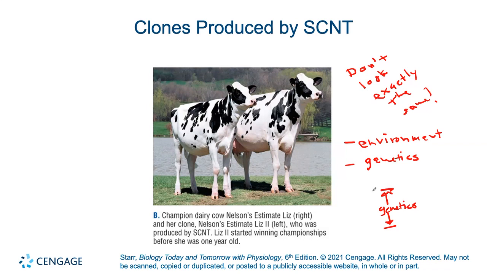So you have a ceiling and a floor here, right? And where within that window you fall depends on your interaction with the environment. So this is for any trait.